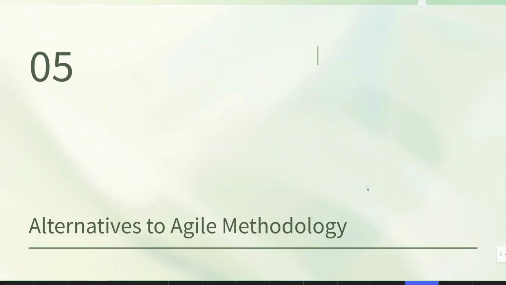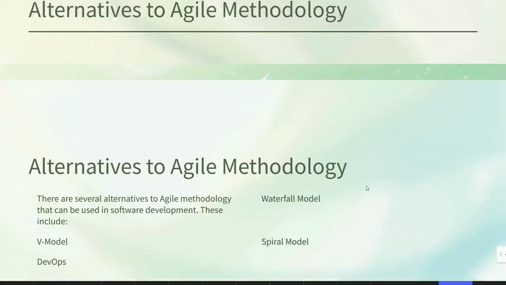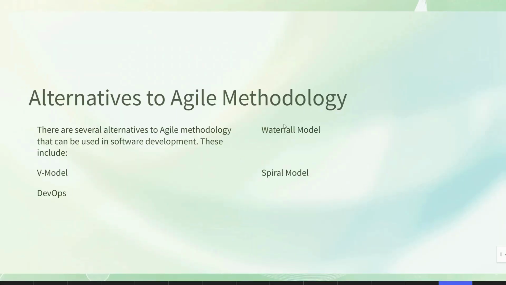Okay, so after that, we have the alternatives to agile methodology. There are several alternatives to agile methodology that can be used in software development. These include, first, the waterfall model.